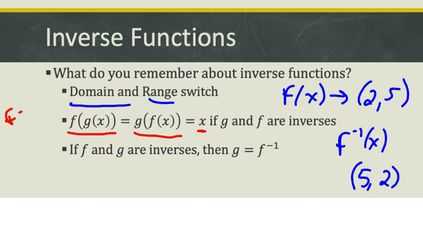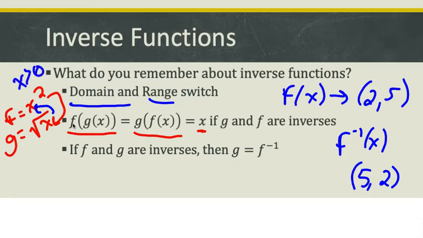If I have f is x squared and g is the square root of x, if I take this and plug it in here for x, or I take this whole function and plug it in here for x, you can see that our answer will just be x, okay, because they are inverses of each other. There's a little bit more that goes into that, because x squared technically doesn't have an inverse. We would have to define that for all x values that are greater than 0, but we'll get into that stuff later.